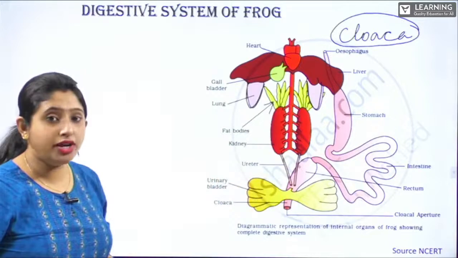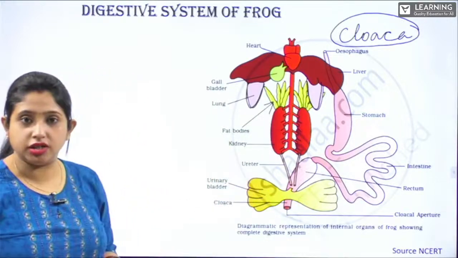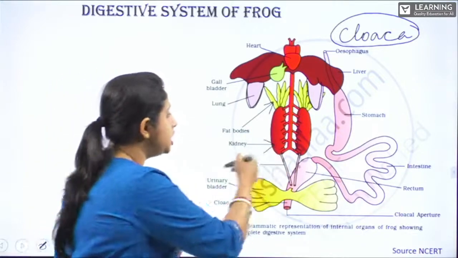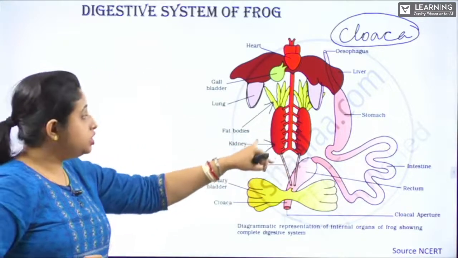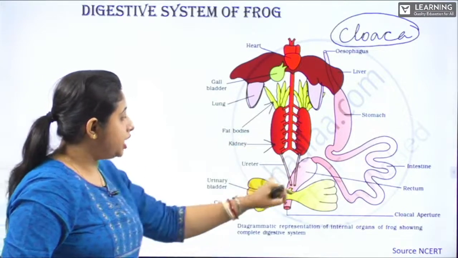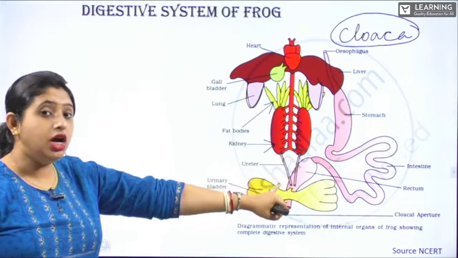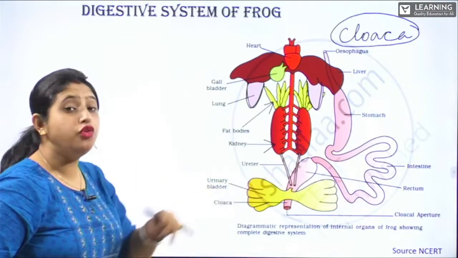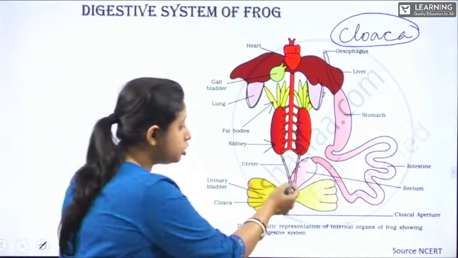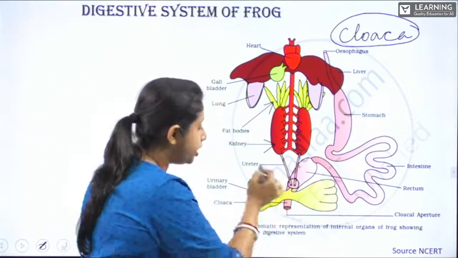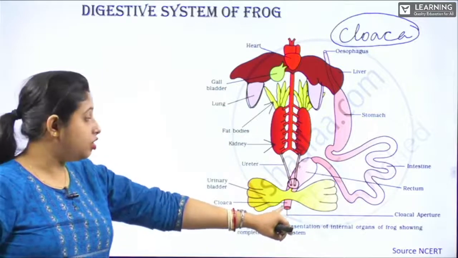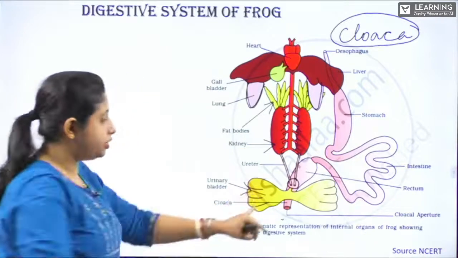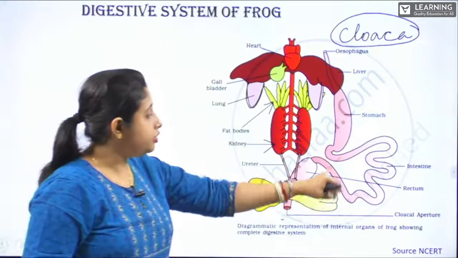The bean-shaped structure is the kidney, and they have a ureter through which excretion, that is urination, takes place. It reaches the cloaca, and from the cloaca it comes out. So this is the only one opening. See, this is the cloaca, and this is the urinary bladder.